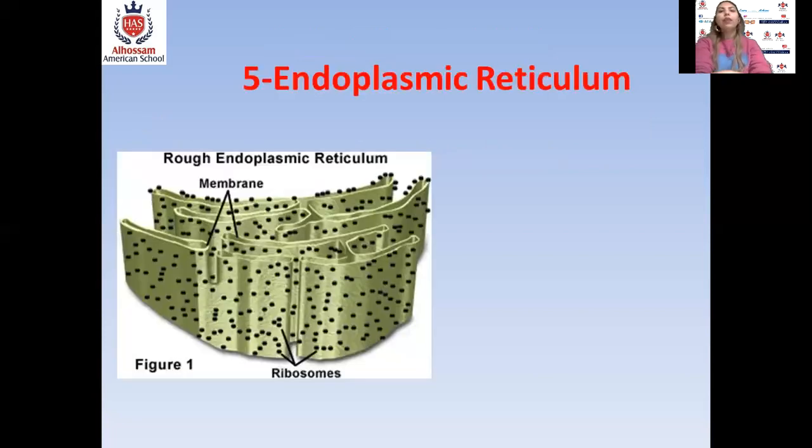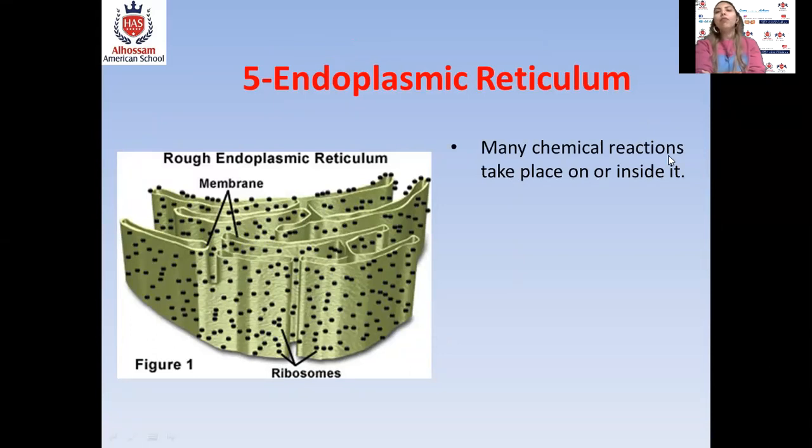So number 5, endoplasmic reticulum. As we said, we can find ribosomes like small dots, free in the cytoplasm or attached to an organelle called the endoplasmic reticulum. This is the shape of the endoplasmic reticulum, and this is the membrane, and these black dots are called ribosomes.